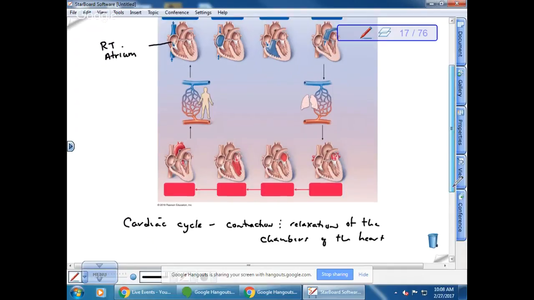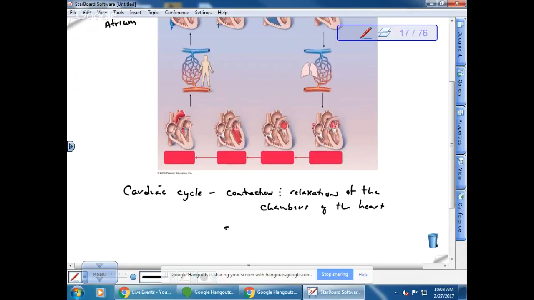Okay, so we have a name for the contraction and it's called systole. So systole means contraction. And so what do you think the relaxation is going to be called?